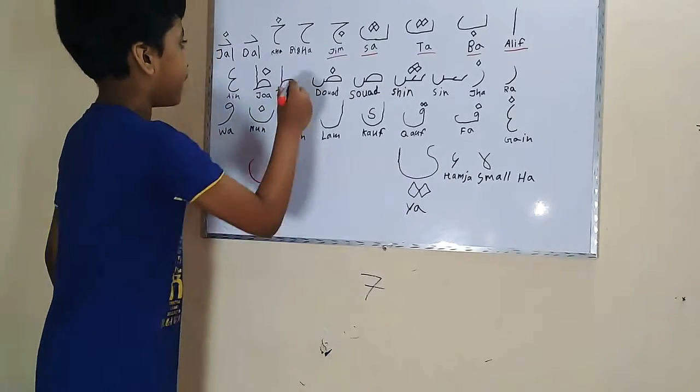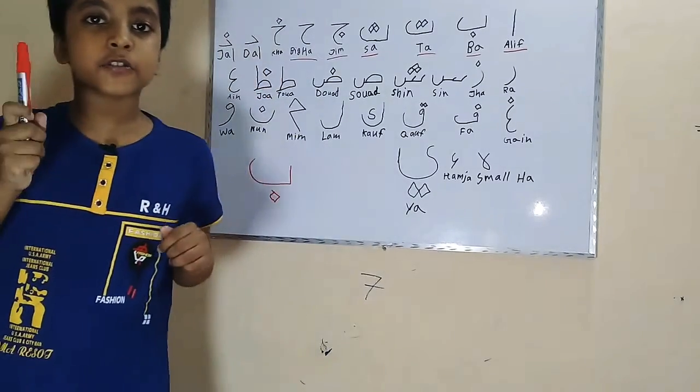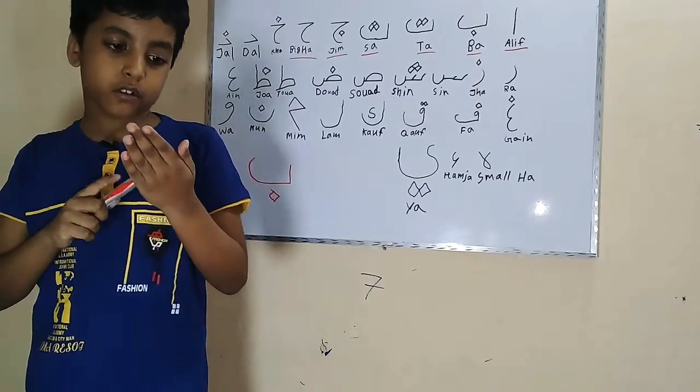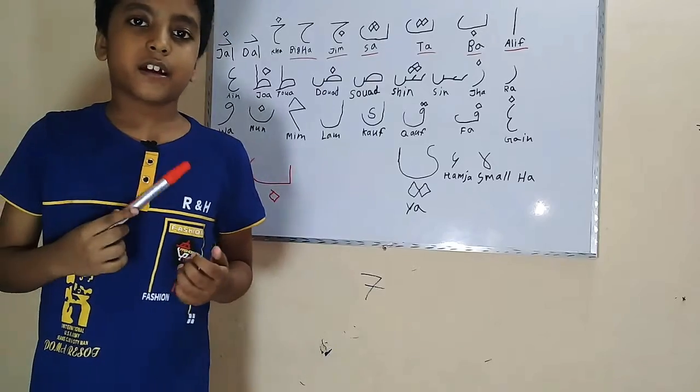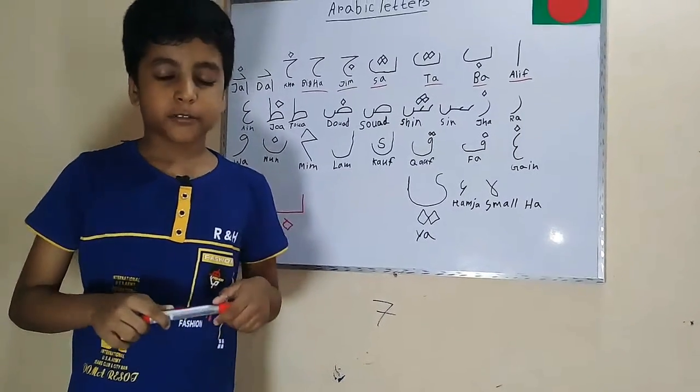Next we have big ha. Now there are two types of ha's, big ha and small ha. The first one is big ha, then I'll present the small ha.